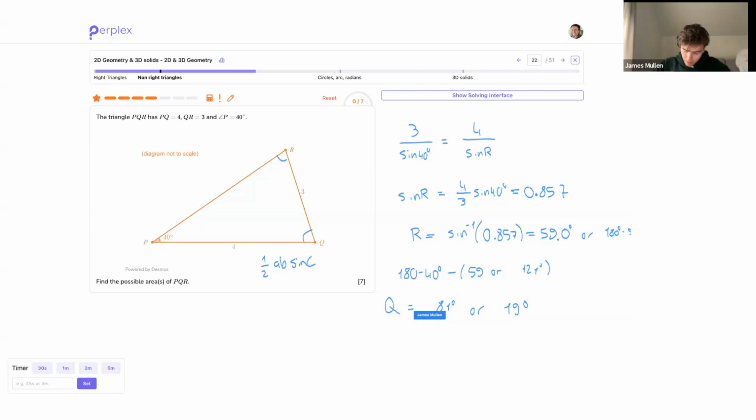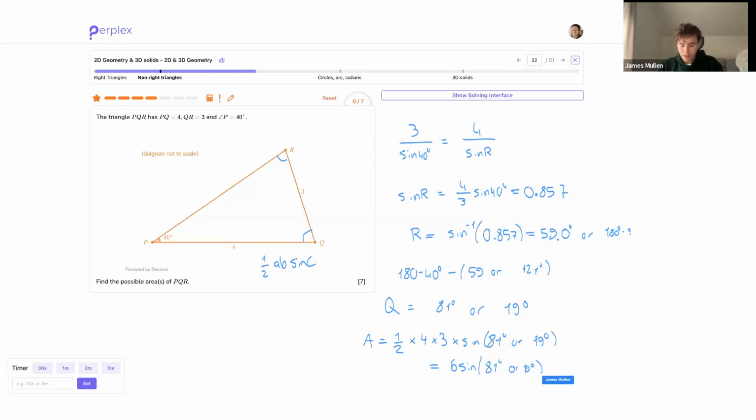And therefore, the area of the triangle is half of 4 times 3 times sine of 81 degrees, or 19 degrees. So half times 4 is 2, times 3 is 6 sine of 81 degrees, or 19 degrees.